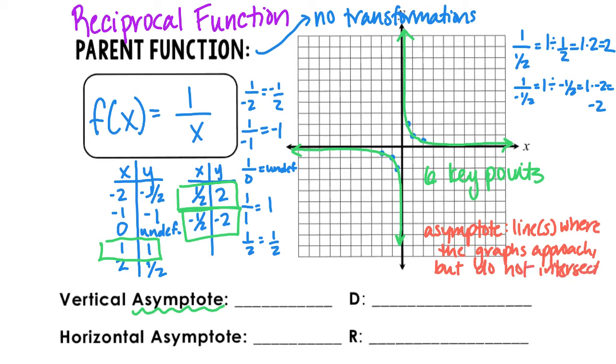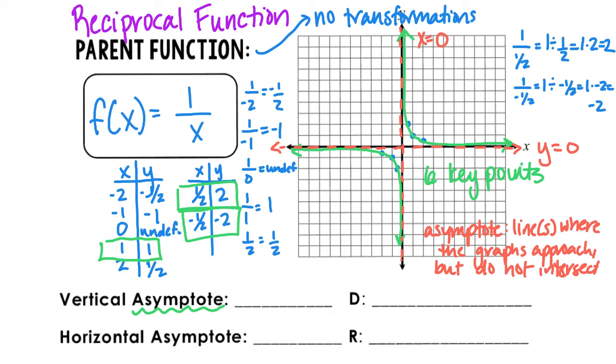So if I were to look at this parent function here, I could draw a dotted line across the x-axis, and that's actually y equals 0. And I could draw a dotted line across the y-axis, and that's actually x equals 0.